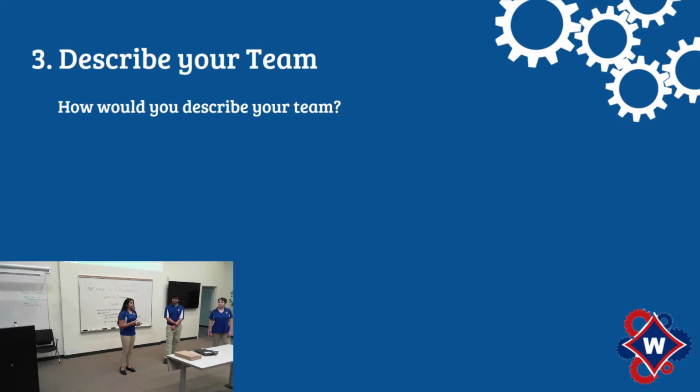For example, if you do lots of outreach, are you a very prominent team in the community? Do you like to help and mentor younger teams like FLL teams? Anything like that. So find some threads, and these threads will eventually combine and form your theme. So this is where everything kind of comes together.